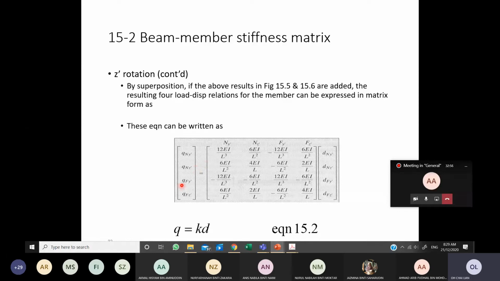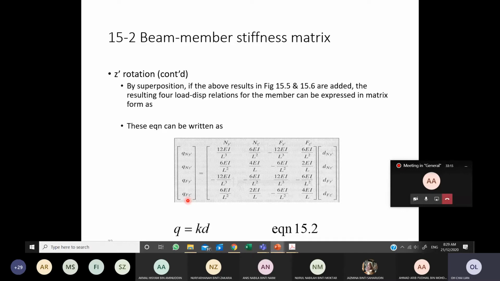And this QFY will be talking about when you are releasing the Y displacement at the far end node. And QFZ is what you have when releasing the rotation displacement at the far end.